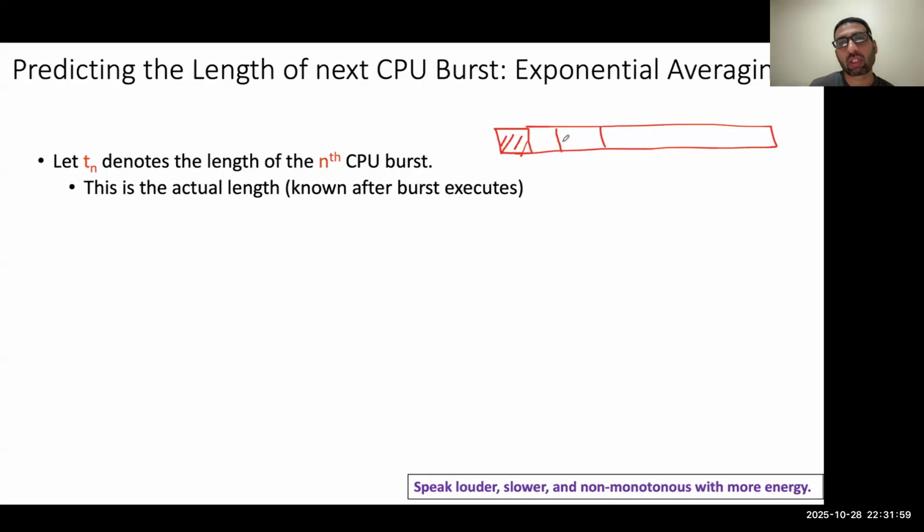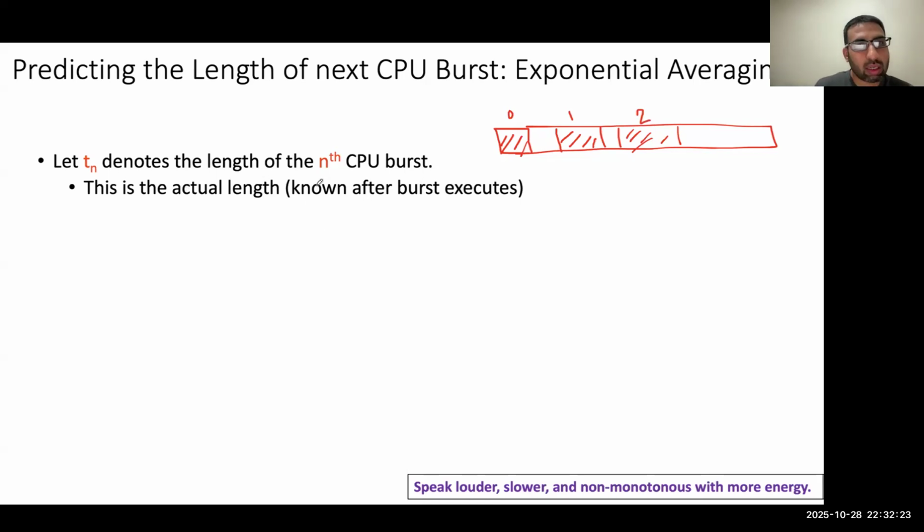Then you have another CPU burst of a different length, and then another IO burst maybe of a different length, then another CPU burst, and so on. So let's say this is your 0th CPU burst, this is your first CPU burst, this is your second CPU burst, and so on.